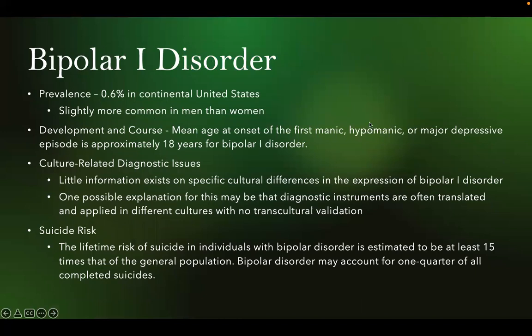So in terms of some statistics, the DSM covers prevalence, development and course, culturally related diagnostic issues, and then suicide risk. Bipolar 1 disorder is experienced by about 0.6% within the continental United States. So I don't know what is going on with Hawaii and Alaska. And it is a little bit more common in men than women.